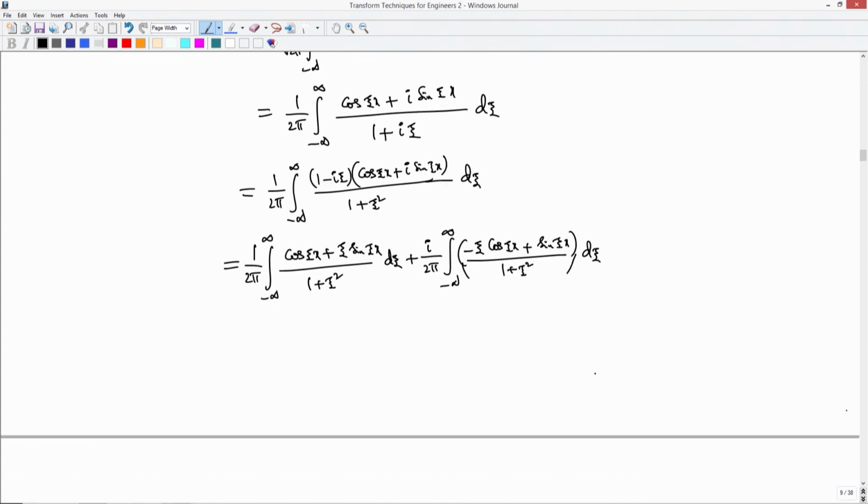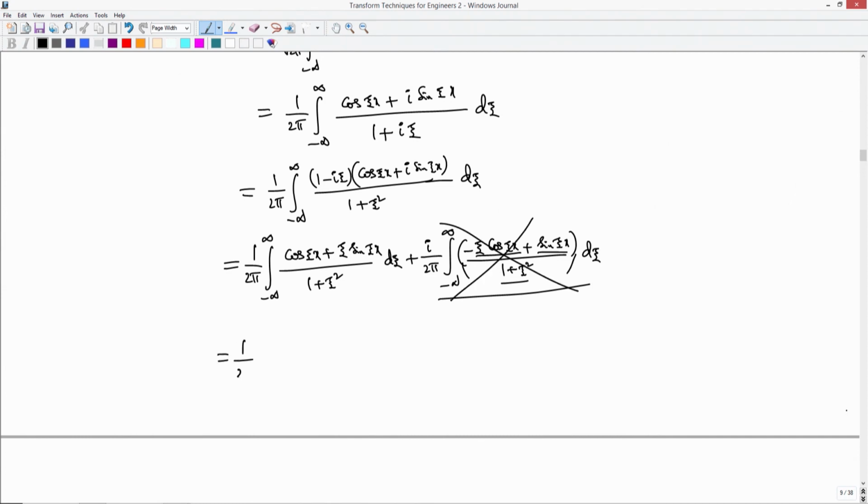But if you look at this second integral, xi cos xi x is an odd function, sin xi x is an odd function. So, the numerator is an odd function, the denominator is an even function. So, together it is an odd function. So, this part is 0.